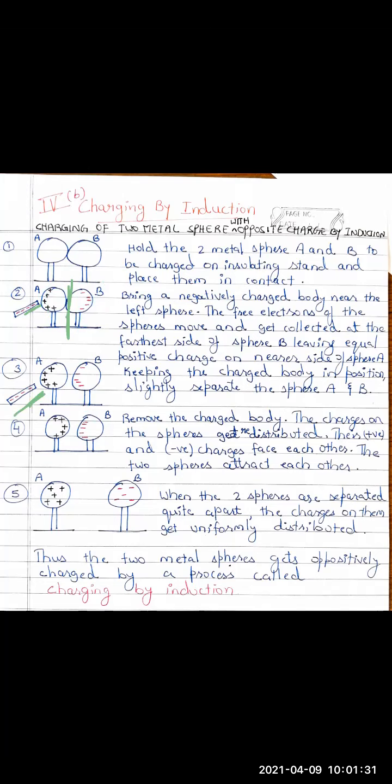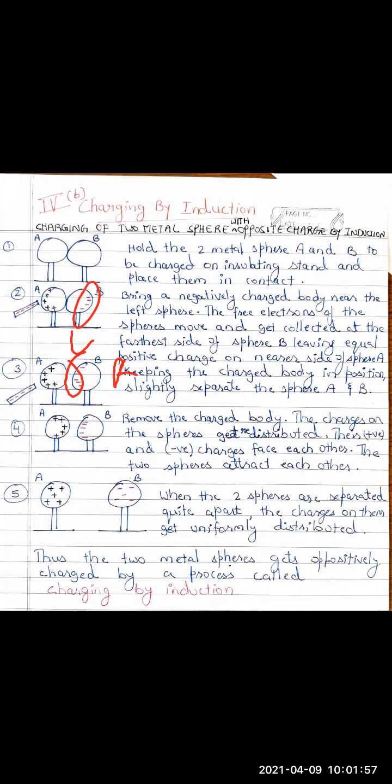This negative charge, which was on the extreme right, will move towards the left side of sphere B. Why? Because of force of attraction, right? It is attracted towards the positive. So it moves from the right side of the sphere to the left side, right beta?